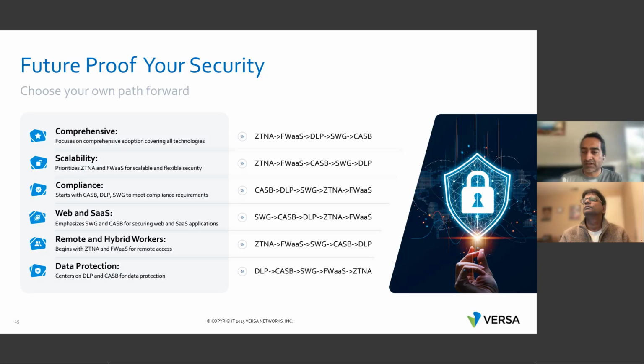Whichever is the priority, we can help you get on this path of the SASE journey with your immediate need addressed right away. If you want to expand over the years, you can do it. Otherwise, be happy with what you have. We are enhancing all these core capabilities all the time, so you will get new capabilities put into these features.